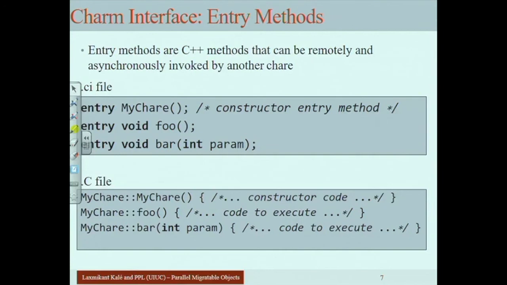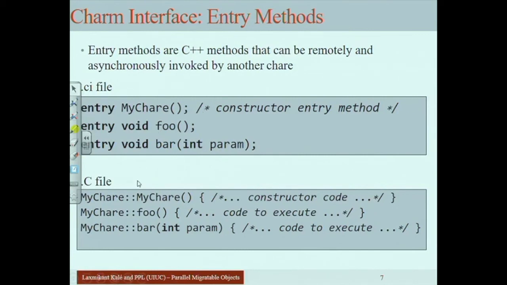That means there is no return value coming to the caller chare, because the execution is going to happen sometime in the future. So that void is indicative of the fact that you are not going to return anything, right? And so you can declare the parameters here. This has no parameter, this has no parameter, this has an int parameter. You can put any basic types you want for now. Later on we'll see non-basic types and how to deal with them, or even arrays.